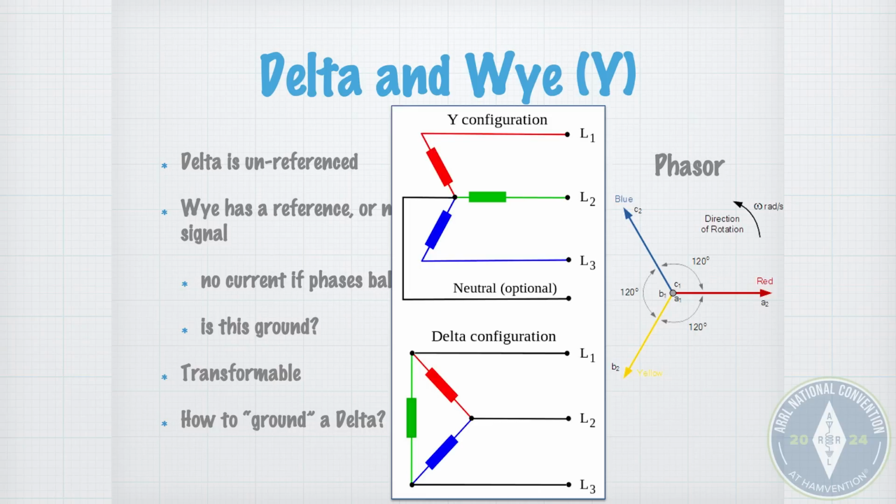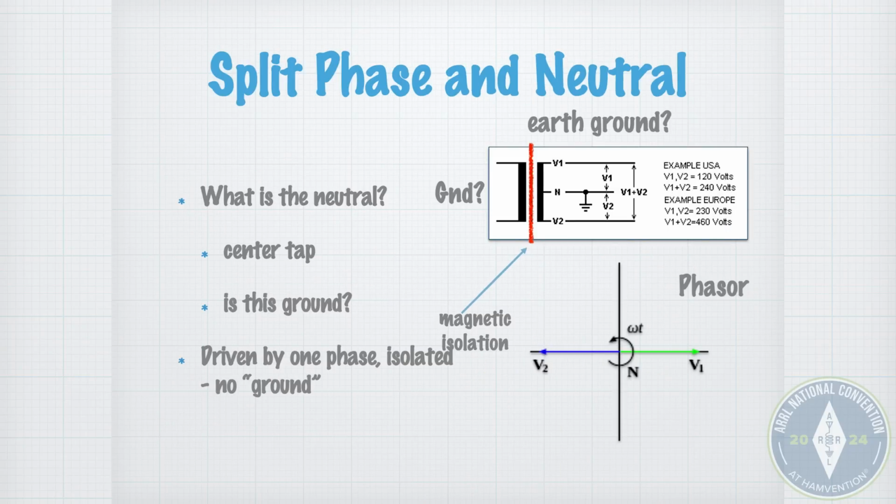And if we simplify this down a little bit more, like what's in your house, we have neutrals and split phase. So with a split phase, you have something on your power pole, and it might be at a much higher voltage or a similar voltage, and it goes into a transformer. The transformer magnetically couples the energy from the light pole to your house.